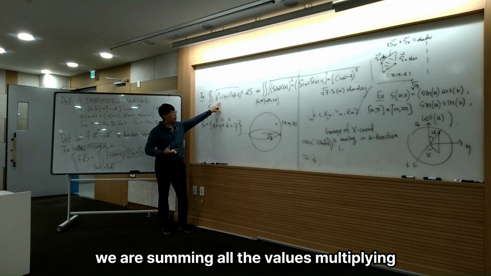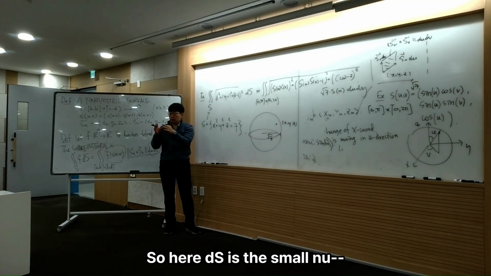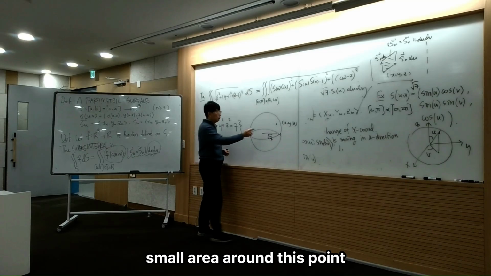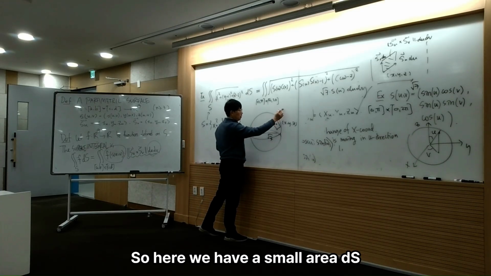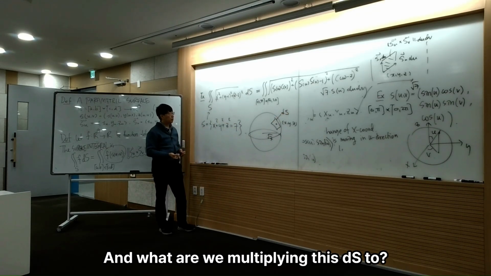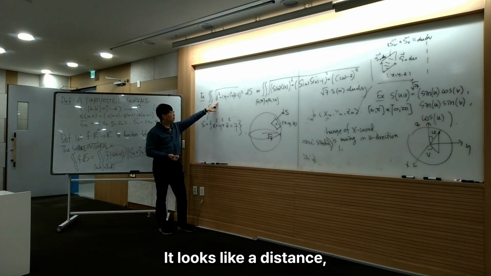We are summing all the values, multiplying this one and ds. Here ds is the small area around this point. So what are we multiplying this ds with? We're multiplying with this. And what is this? It looks like a distance.